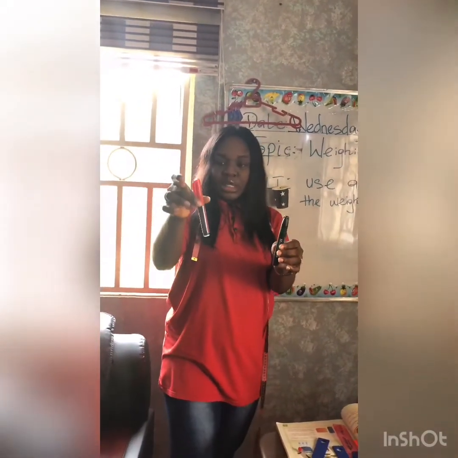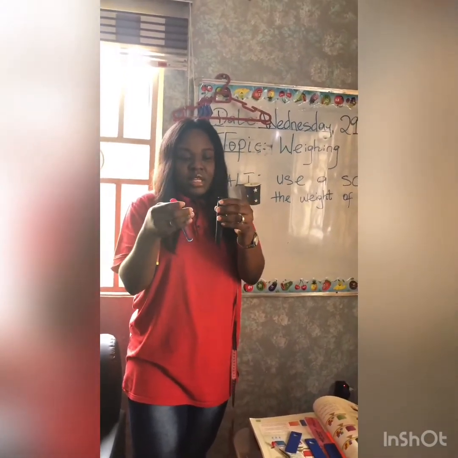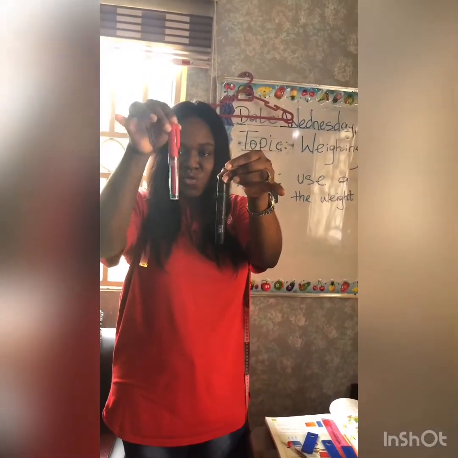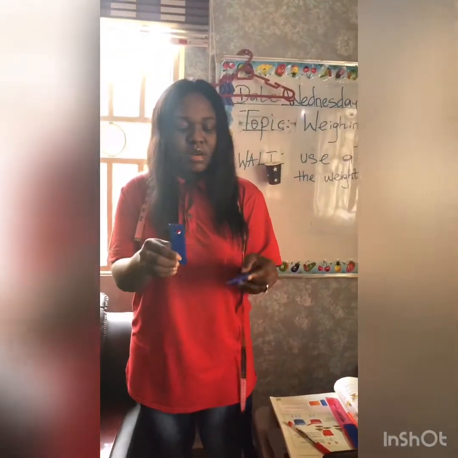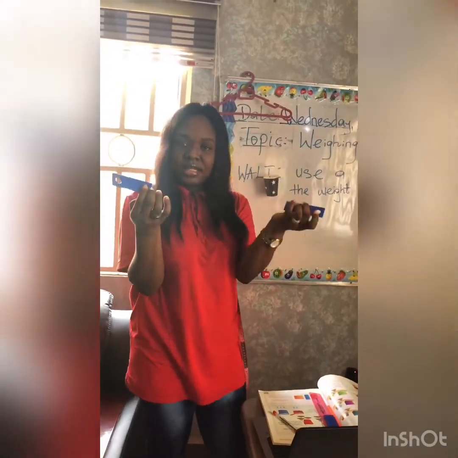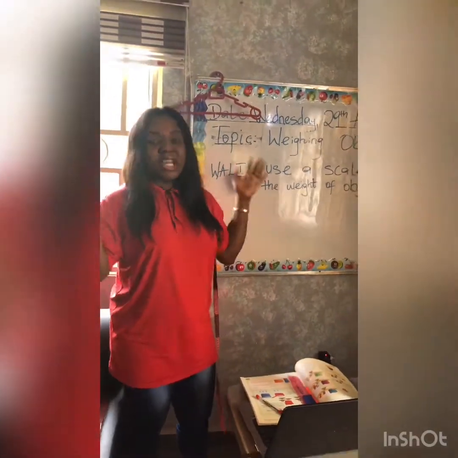The red marker was actually heavier than the black marker. So it means that weight doesn't really depend on how big an object is. You really have to weigh it. Mainly looking at this, you will see that the black marker looks fatter than the red marker, but the red marker actually weighs more than the black marker. And we weighed 10 grams of this. They are the same. Our weighing scale was balanced because both weigh the same. So you can construct your own weighing scale, weigh different things at home, and have fun.